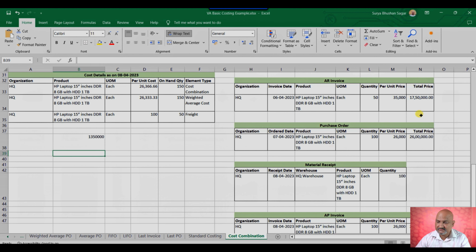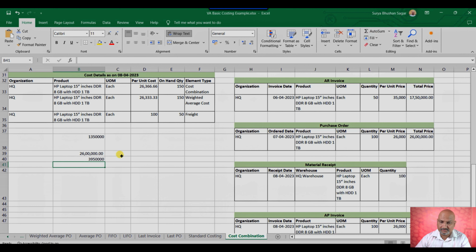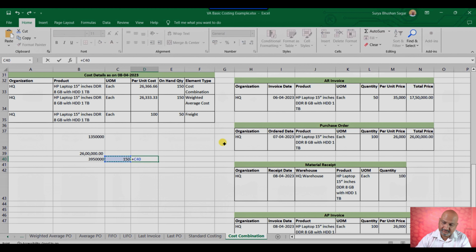Thereafter the next value is 100 multiplied by 26, so that is the next value. The system sums these up, and the total quantity is 100 plus the remaining 50, which is 150, and the weighted average cost is this divided by this.